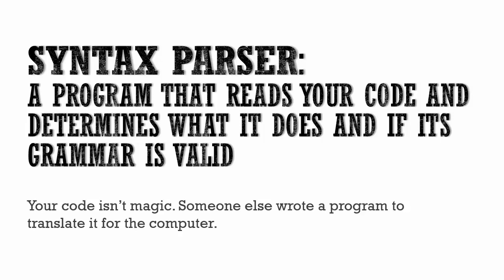But those programs, interpreters and compilers, do the work of actually reading your code character by character and determining if the syntax is valid and then implementing that syntax in a way the computer can understand. So when you're thinking about your code, think of it more like this.